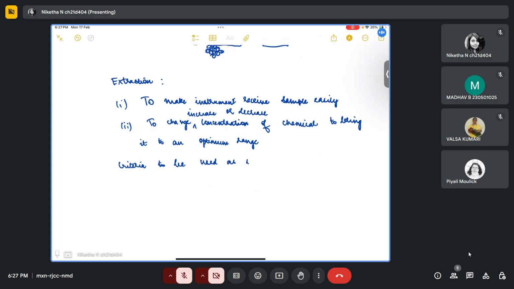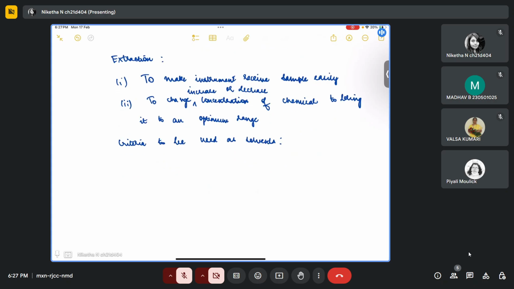So, in other words, we can say that we must ensure that the chemical which needs to be analyzed has more affinity to the solvent rather than the water or soil or anything.